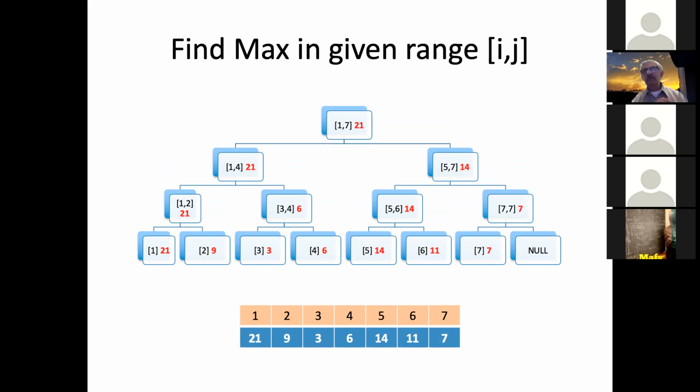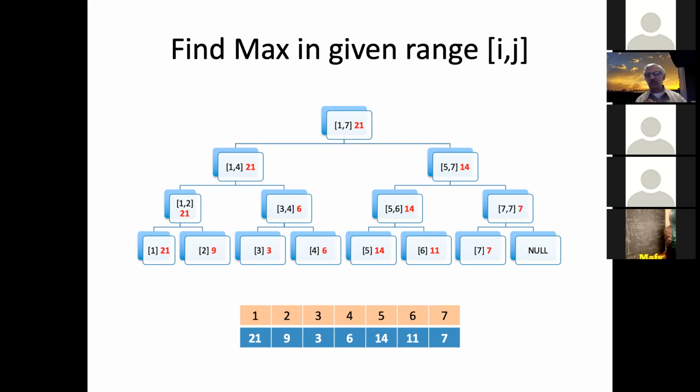Well, in general, the way we're going to go about this is we're going to start at the root and ask if that range is exactly what's in the root. If it's 1 through 7, then we are done. If it's not, then we'll check whether it's in the left subtree.